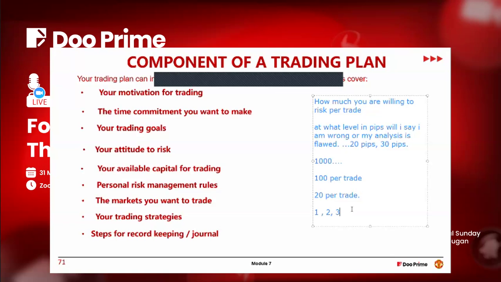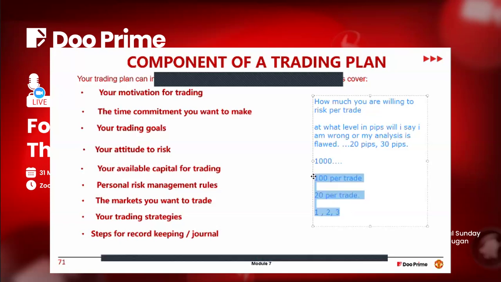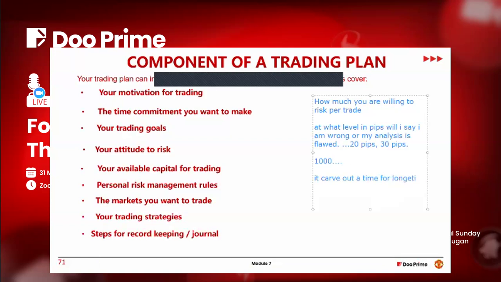This is how much I want to risk per trade. This is how much I am willing to let go if the market says I am wrong per trade. What does this help you do? On an example of $1,000, it will help you carve out a time for longevity in the market.